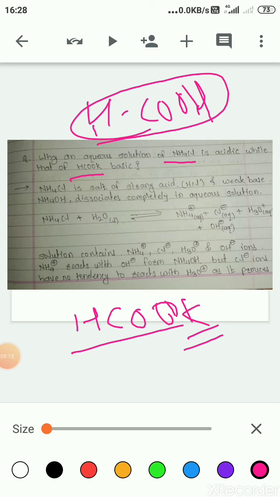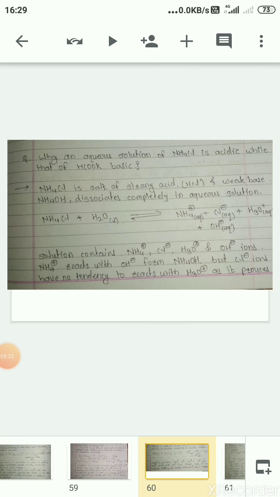Now see what the question is: why an aqueous solution of ammonium chloride is acidic while potassium formate is basic in nature. We have to write the reason. So first we have to write from which acid and from which base it has been made.